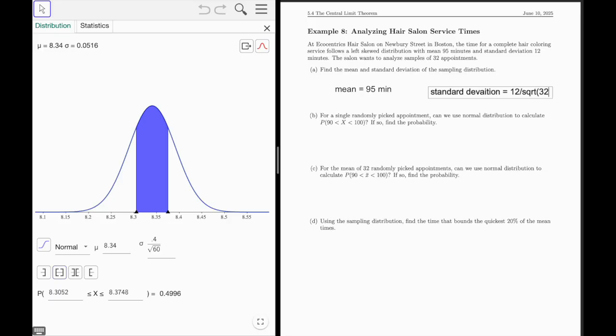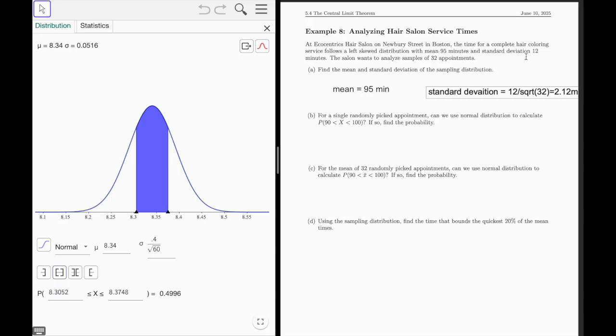In this case, that is 32. So let's figure out what that is. When we round that to 2 places, we get 2.12. That's 2.12 minutes.